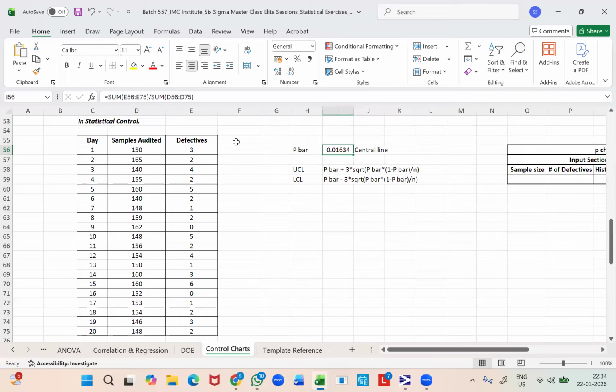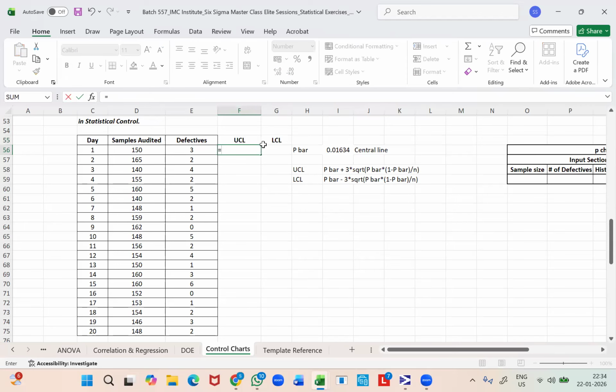With the P bar value, I can calculate the upper control limit and the lower control limit for all the 20 days. The upper control limit is P bar plus 3 times the square root of P bar times 1 minus P bar divided by the sample size.